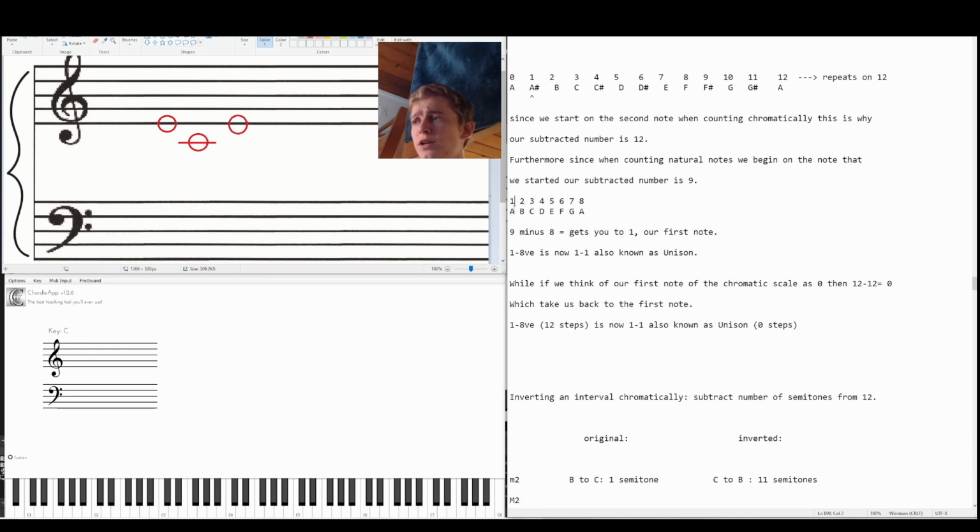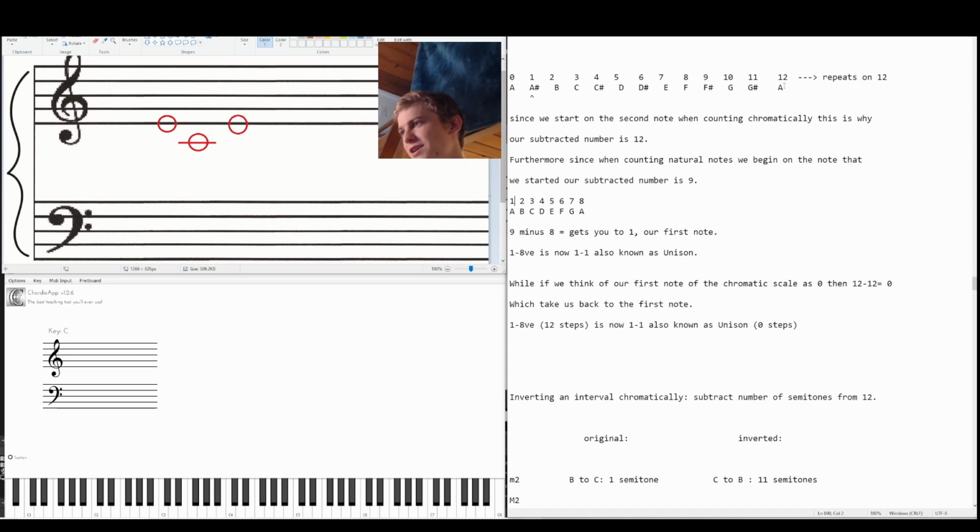So if we're inverting an interval, if we have an octave, 9 minus 8 takes us to 1, takes us to the inverted version, takes us to the unison, the same note, but an inverted version of the intervallic relationship. Well, if we think of our first note of the chromatic scale as 0, then 12 minus 12 equals 0, which takes us back to the first note.